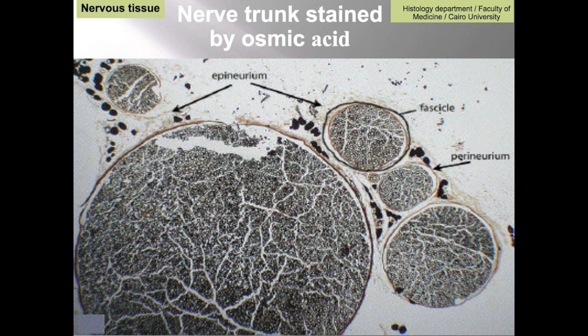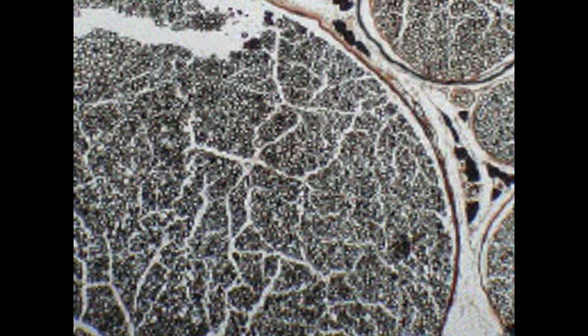Here it is not stained by osmic acid, but its site can be seen, and it takes the stain non-specifically. Sometimes you can see these black circles, but it is a non-specific stain. It is forced to take some color by the stain. Here the most important thing is the nerve fibers.